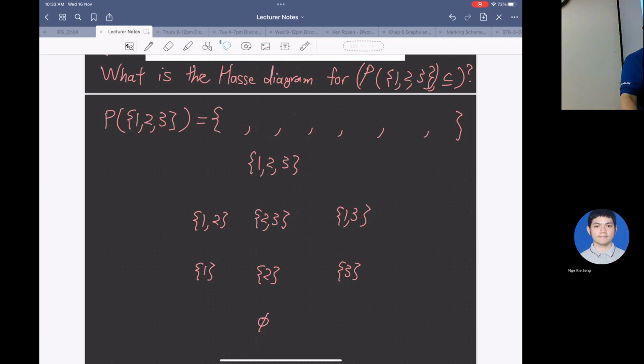Can you explain your answer? How you draw that? You explain. Okay, people, pay attention. Why draw like that?